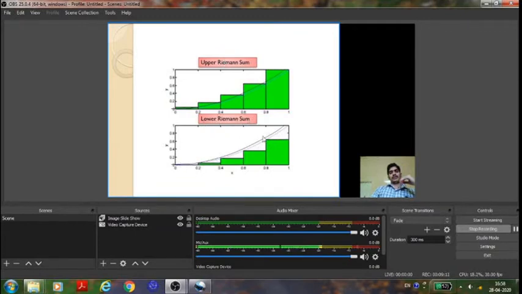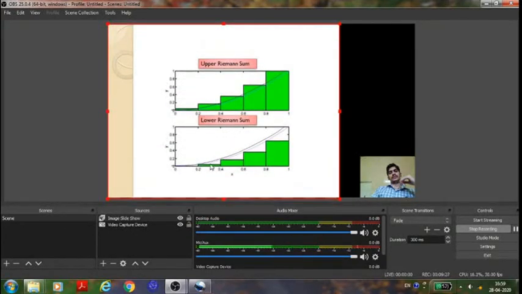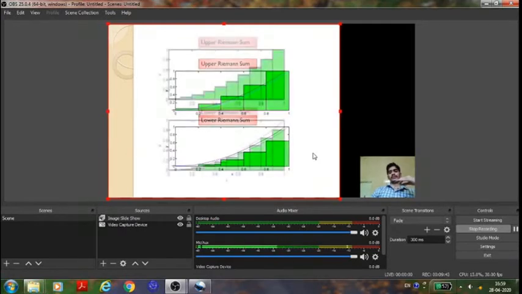This is your function y equal to f of x between 0 and 1, with the same partition into 5 parts, and the lower Riemann sum looks like this. This is the lesser part, you can say the lower Riemann sum. Have you understood how the upper Riemann sum and lower Riemann sum look?